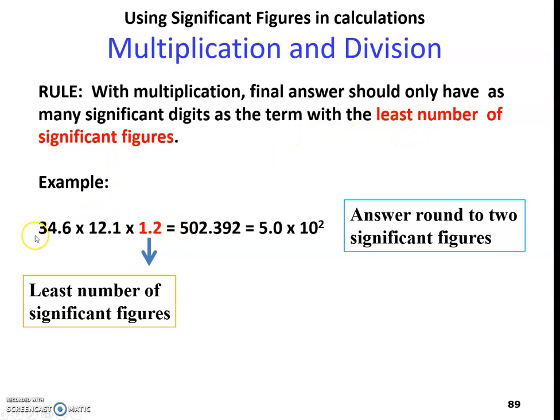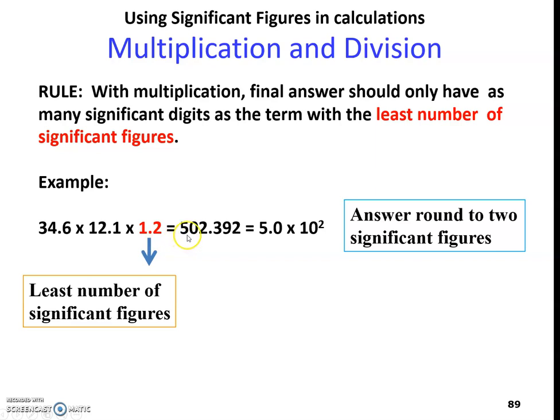For example, if these are the values given: 34.6 multiplied by 12.1 multiplied by 1.2. You can see that this value has the least number of significant figures. This one has 3 significant figures, this one 3 significant figures, and this one 2 significant figures.